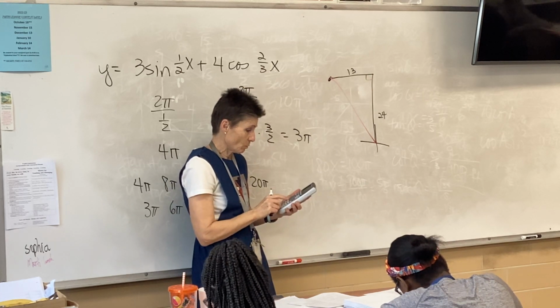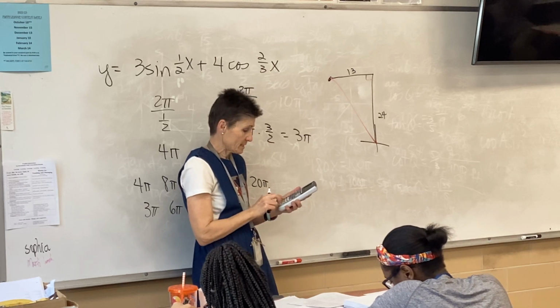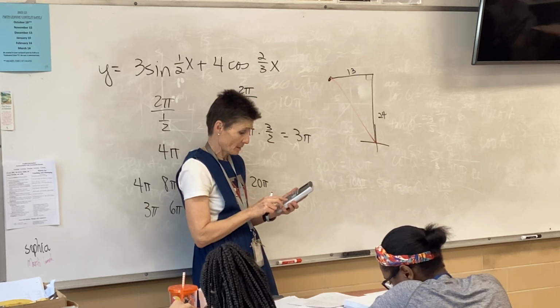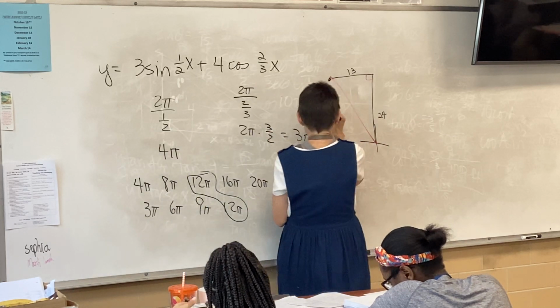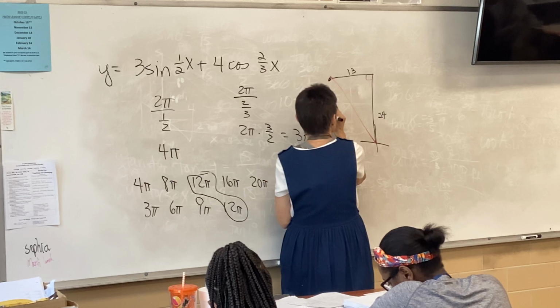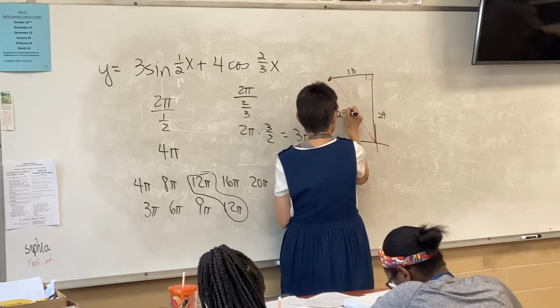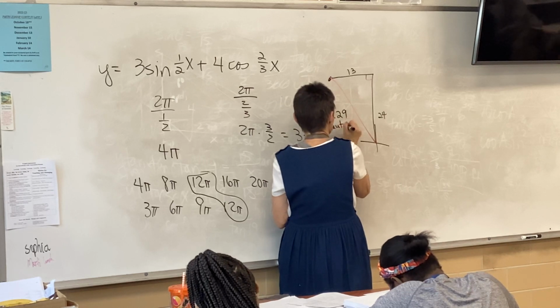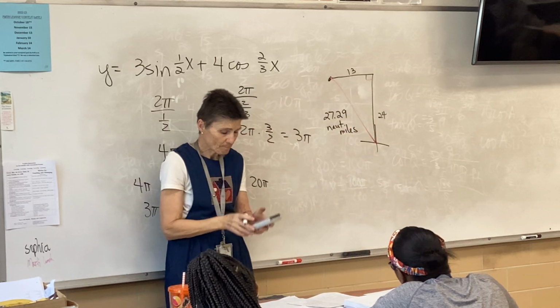So 24 squared plus 13 squared, square rooted. What'd you come up with? 27.29 nautical miles. All right, that was easy.